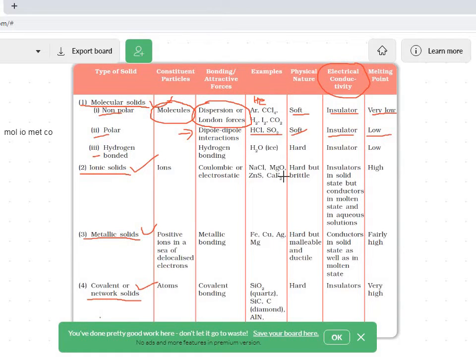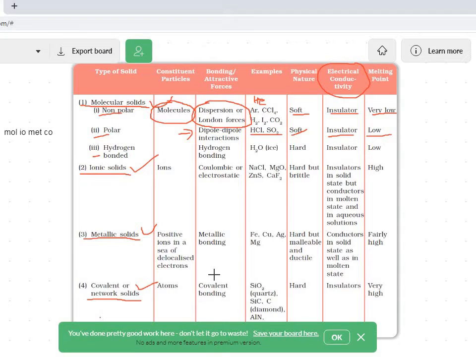Now, third type is hydrogen bonded. You have already studied the hydrogen bond in 11th standard. There are two types of hydrogen bonds. One is intramolecular and the other is intermolecular. It is defined as the polar covalent bond between the hydrogen and the most electronegative atoms such as fluorine, oxygen and nitrogen.